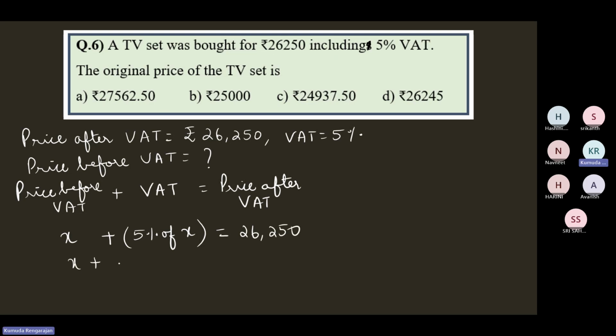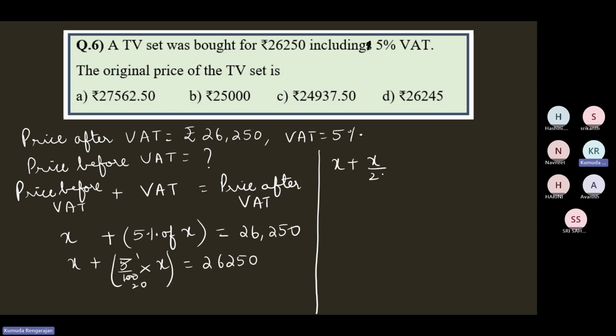So X plus 5%, means 5 by 100, multiplication X, equals 26,250. One by 20. So X plus 1 into X is X by 20. X plus X by 20 is equal to 26,250.